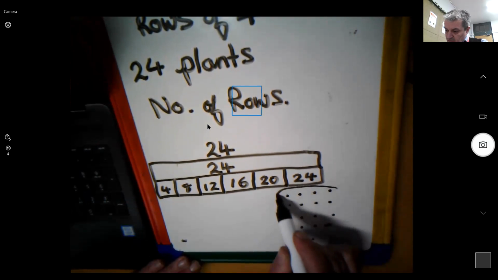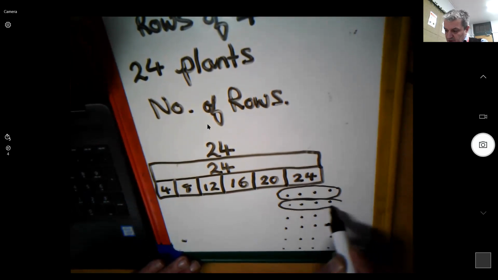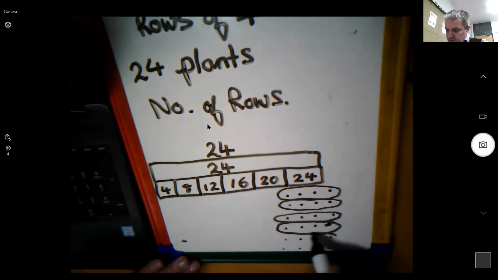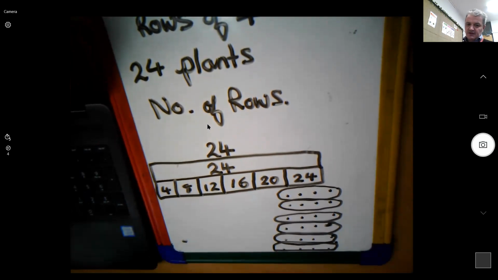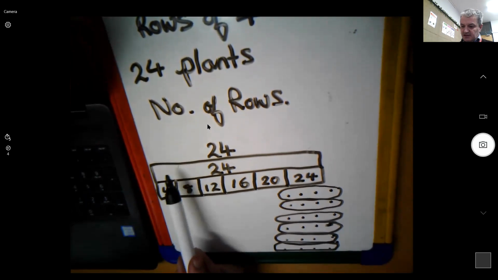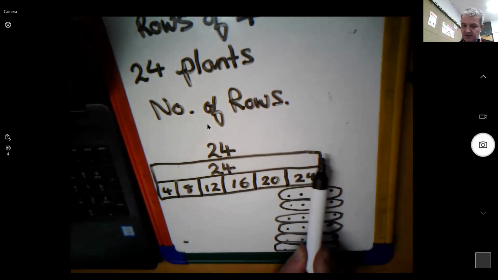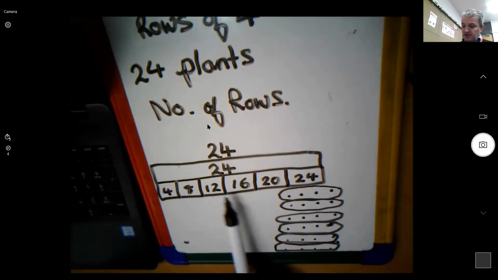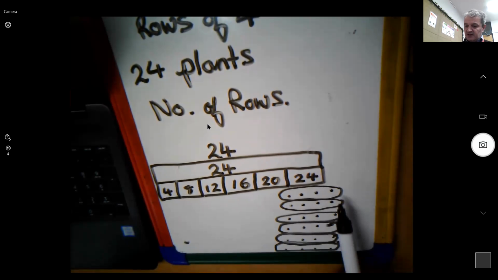Okay, so we've got 1 row, 2 rows, 3 rows, 4 rows, 5 rows, 6 rows. Or we can do the bar representation. The whole thing is going to be 24 plants. And how many groups, how many rows? 1, 2, 3, 4, 5, 6 rows of 4. So that's called an array, which you often see with the red counters or yellow counters.